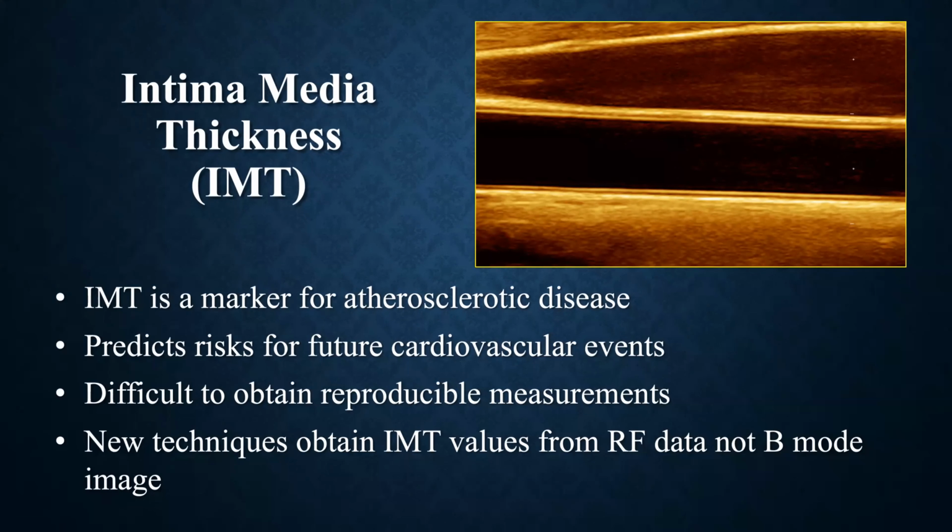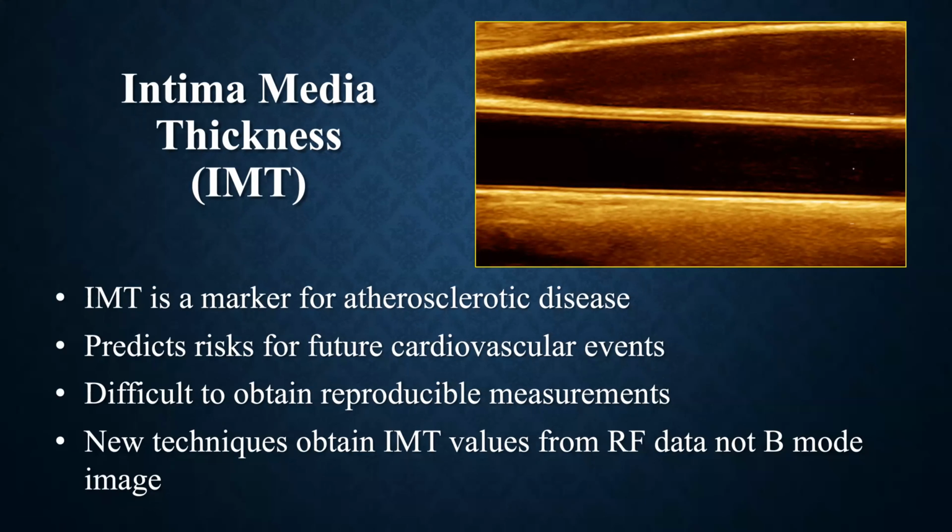We know it's important because not only is the intima-media thickness a marker for atherosclerotic disease, it predicts risk for future cardiovascular events. And that's why our cardiologists are tracking it and measuring it. But it has been difficult to get reproducible measurements. People do it differently and they measure in different places.